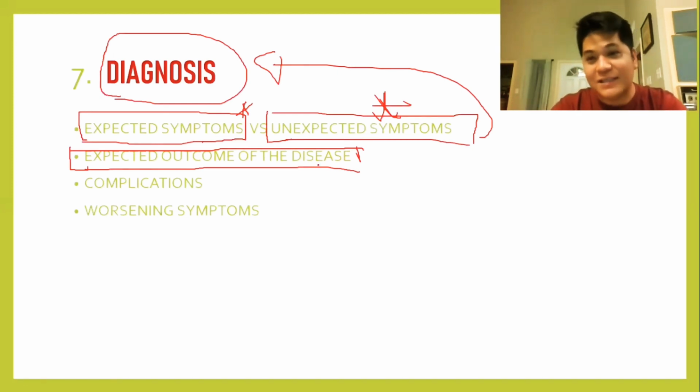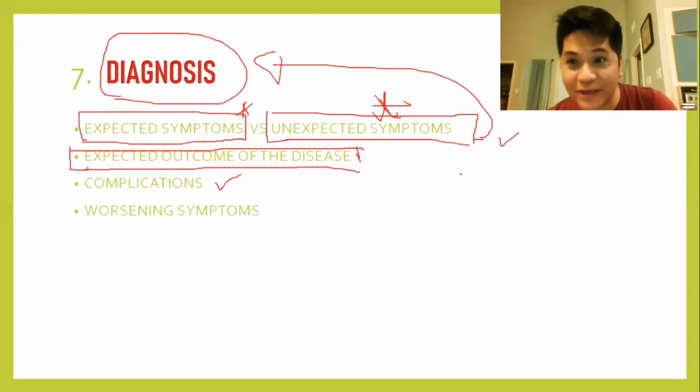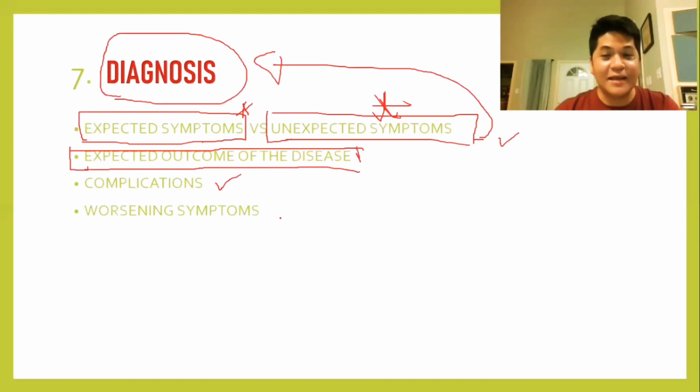Then that's an expected outcome of the disease, but that's not your priority based on the scenario, unless there are other important conditions in the scenario for the client with asthma. So remember, those with complications and unexpected symptoms are prioritized. Complications of the disease or diagnosis, remember, that is priority. And worsening symptoms are also a priority.